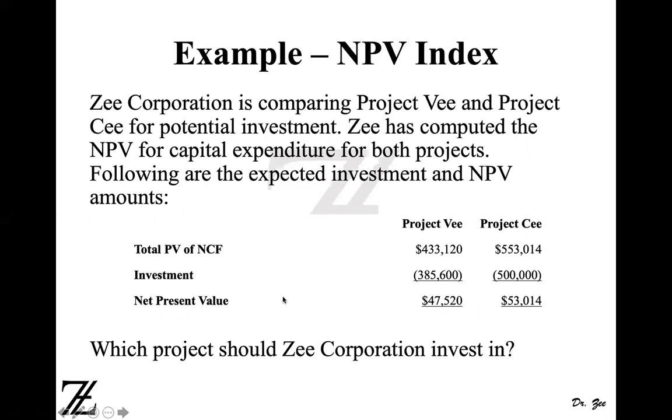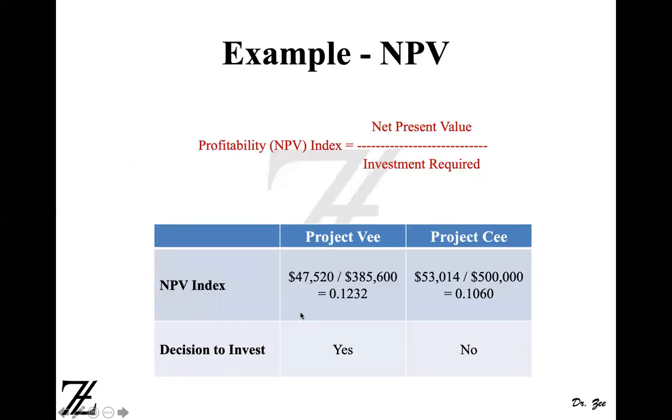So for that, we have to calculate the profitability index, which is your NPV divided by the investment amount. So project V has 47,520 divided by 385,600, which is 12.32%. And project C is 53,014, their NPV, divided by 500,000, the investment, which gives you 10.60.